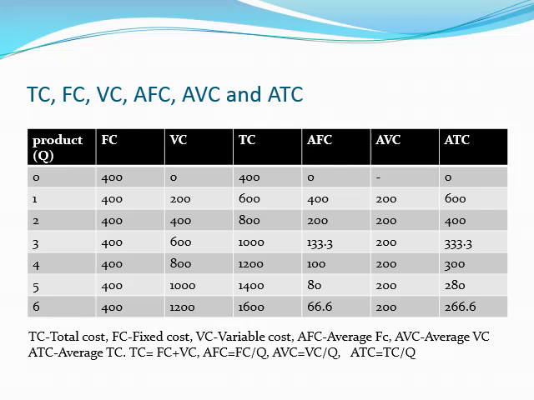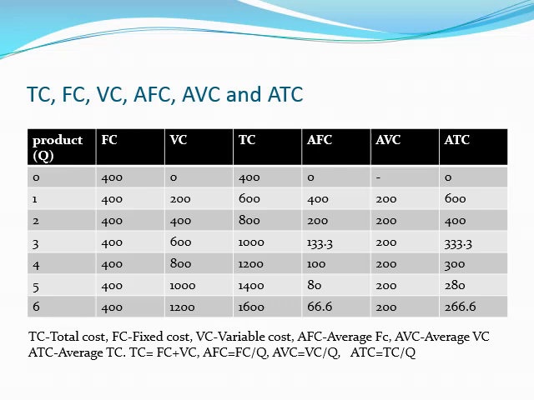When production equals 4, VC equals 800, total cost equals 1200. Average fixed cost equals 400 over 4 equals 100, and AVC, average variable cost, equals 200, whereas average total cost equals 280.